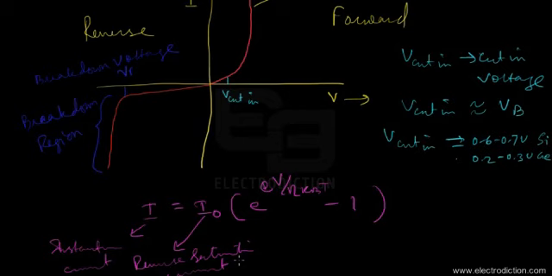Here V represents the voltage applied across the P-N junction diode, the voltage across the diode.